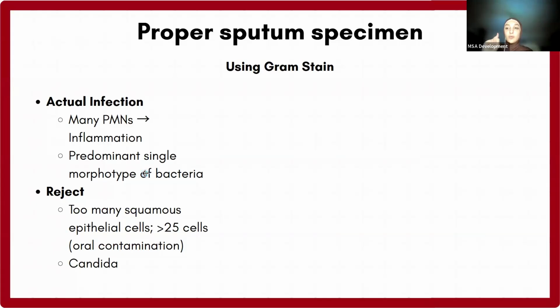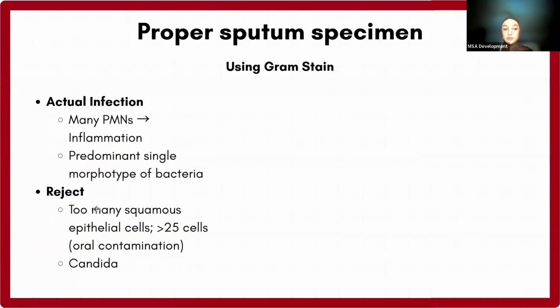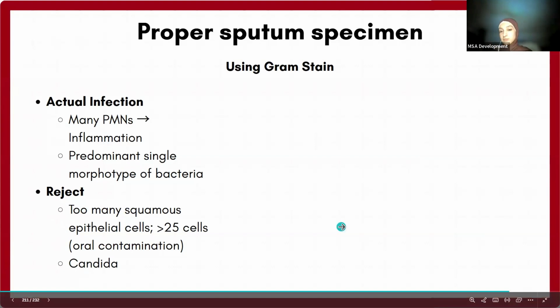Okay, so it's only going to be one type of bacteria that's going to be clearly predominant in the microscope, gram stain. Okay, what to reject in that case? On the other hand, what to reject? If there are too many squamous epithelial cells, that means there's contamination, and if there is candida.